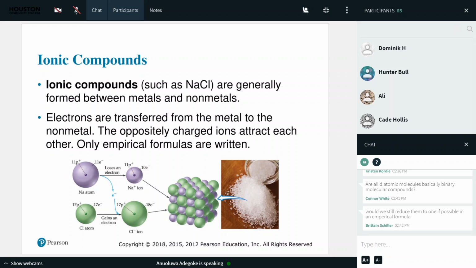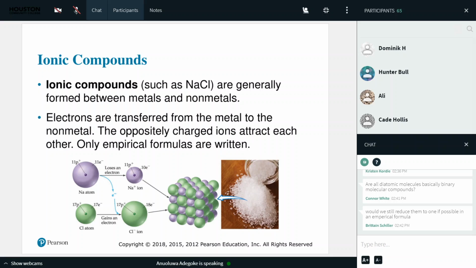So that's sodium chloride. The image you see here is the crystal lattice of sodium chloride. The little purple balls are the sodium ions, and the green ones are the chloride ions. The sodium ions seem smaller because when something loses electrons to become a cation, it becomes smaller.